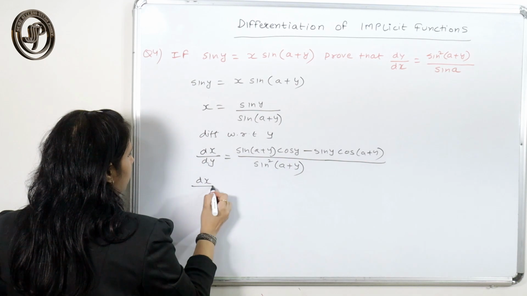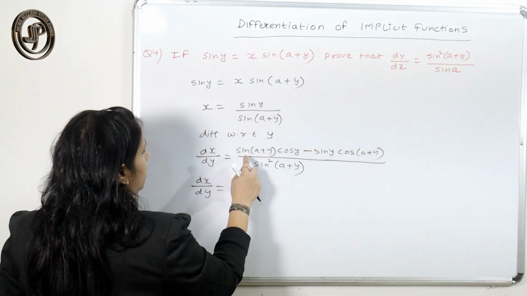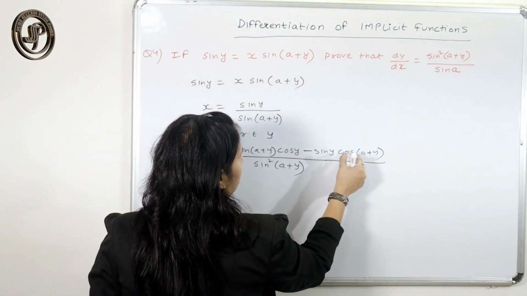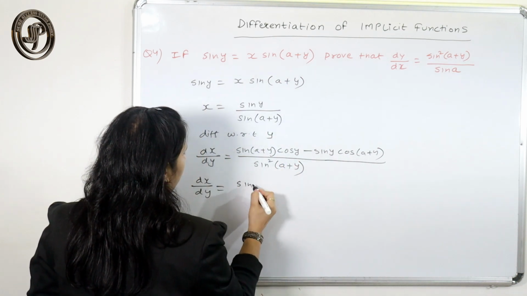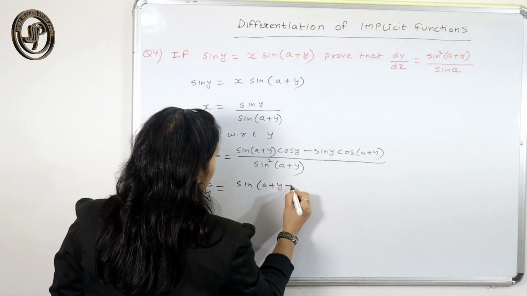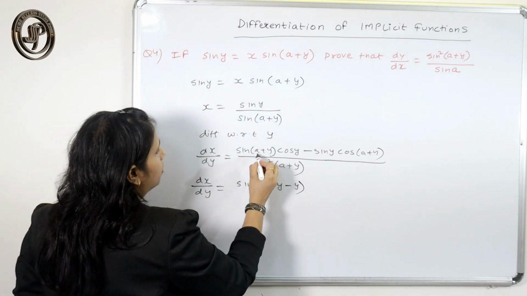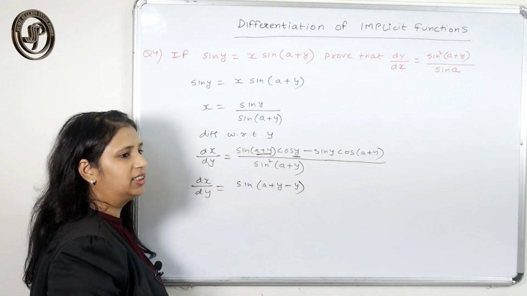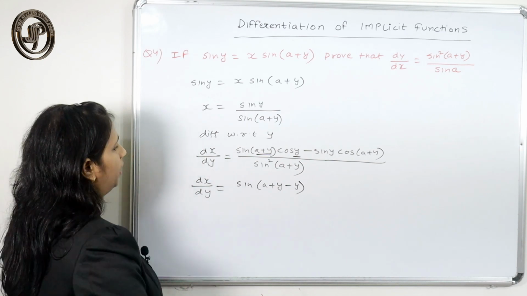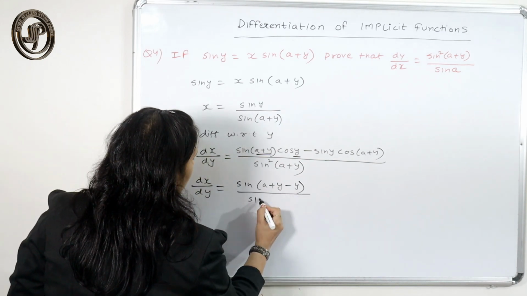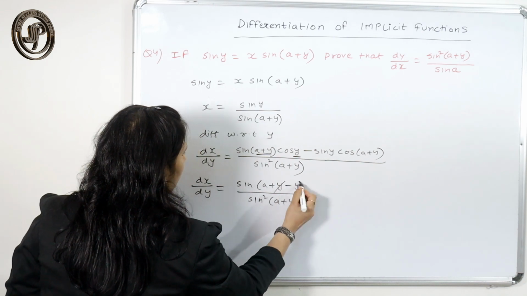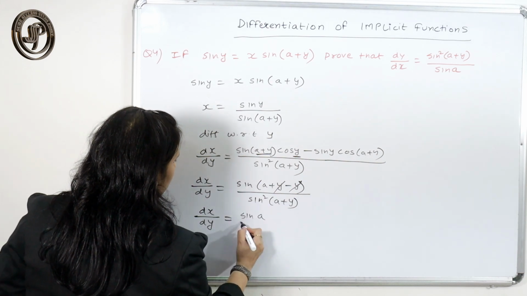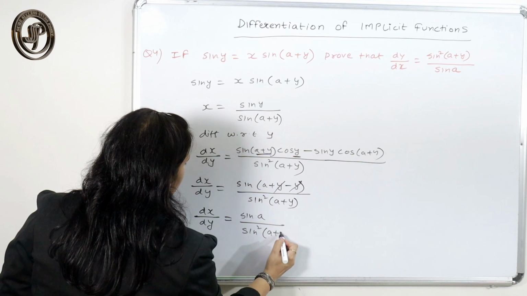So dx by dy becomes the formula sine a cos b minus cos a sine b, which is sine (a minus b). If you consider this as a and this as b, then it equals sine (a minus b) upon sine square (a plus y). This will cancel out, and dx by dy will be sine a upon sine square (a plus y).